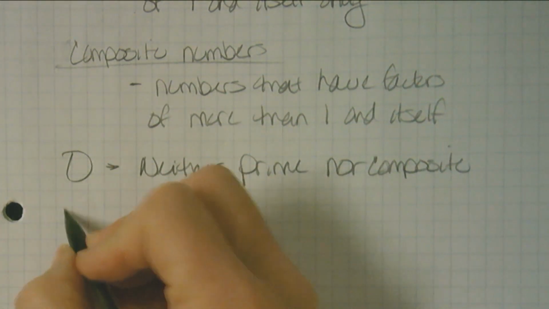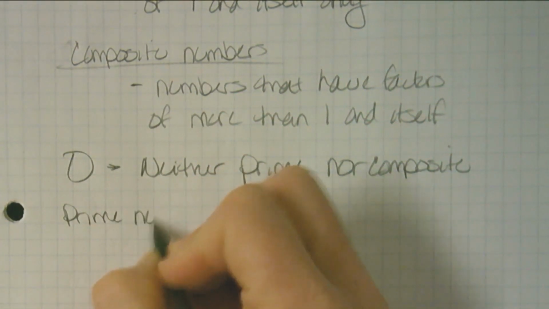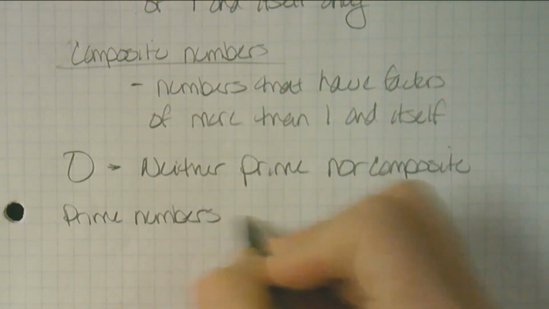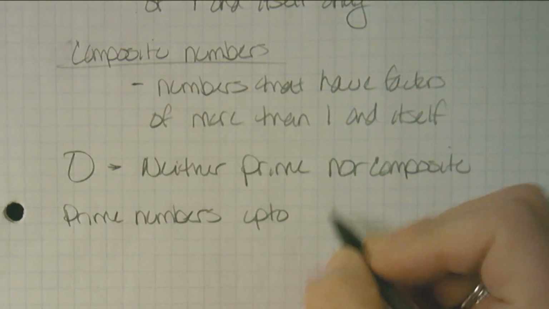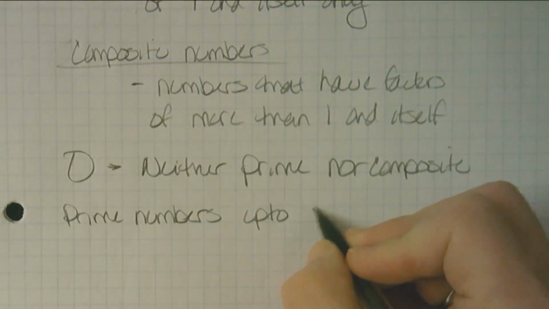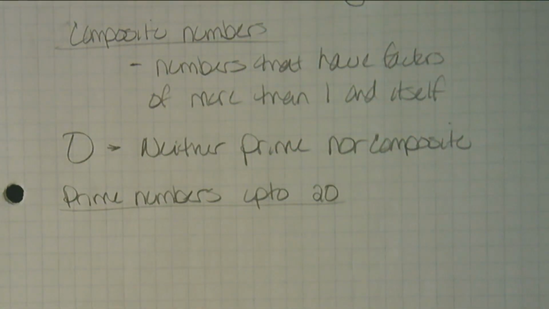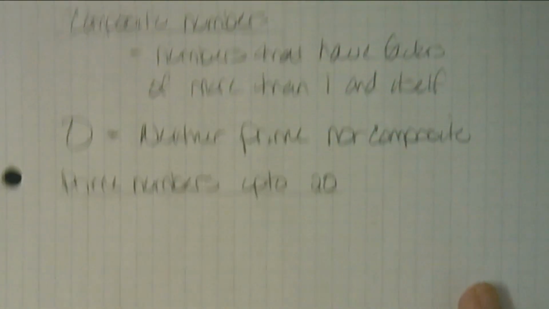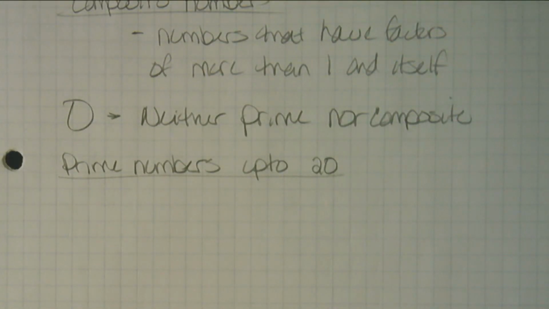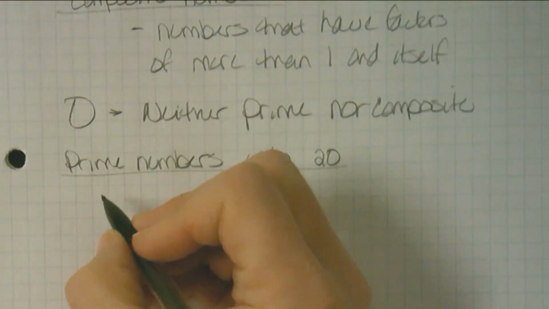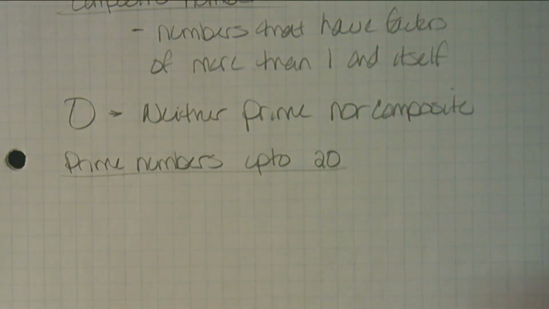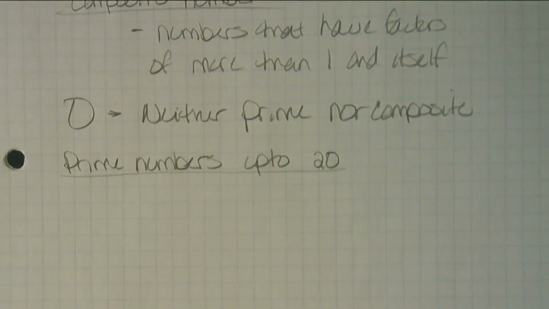So let's talk about prime numbers. Let's do prime numbers up to, let's say, 20. Give me my smallest prime number. Jack? Not 1. I mean, we could say 1. I suppose 1 is neither prime or composite.